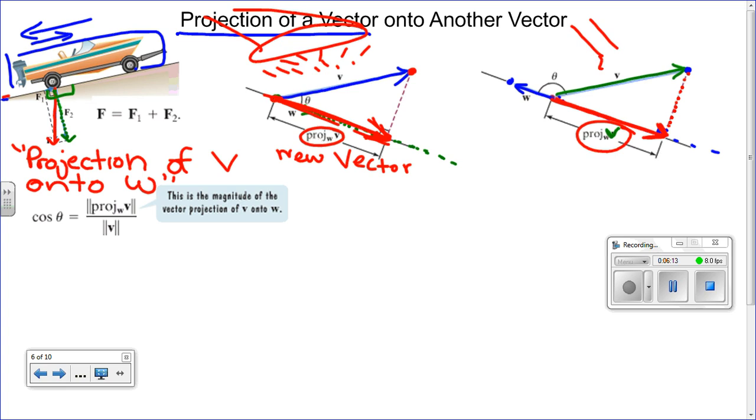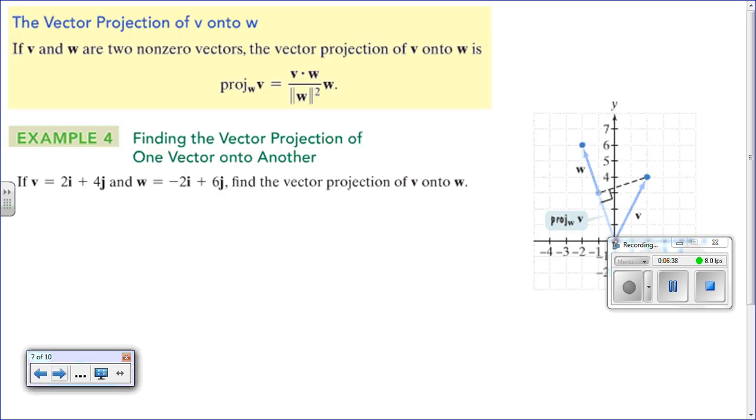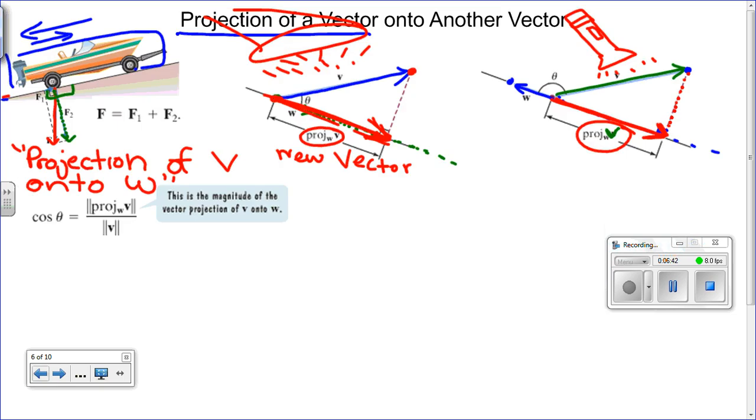Oh, I'm using my drawing skills. And so this will be the shadow of it. Okay. Now, let's figure out how we're going to derive the formula that you will see here. All right? So let's go back.